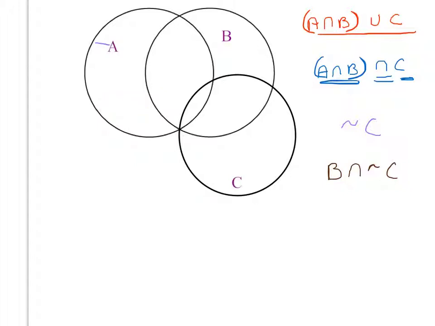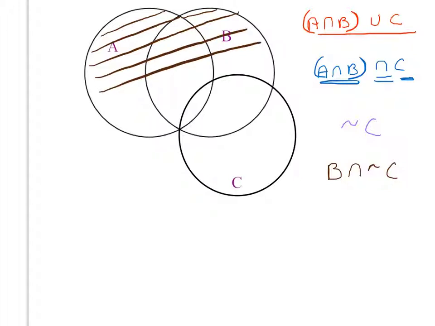And we'll get to the last one there in brown, which is B intersect not C. Okay, so here's not C. So again, I'm going to sketch in everything that's not C. And then we want to intersect that with B. So now I'm going to do a negative slope.